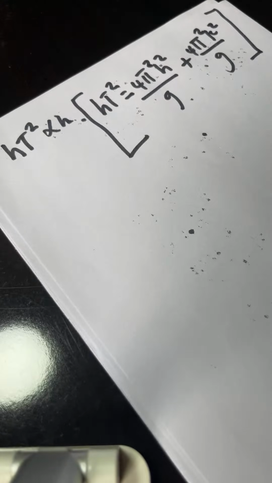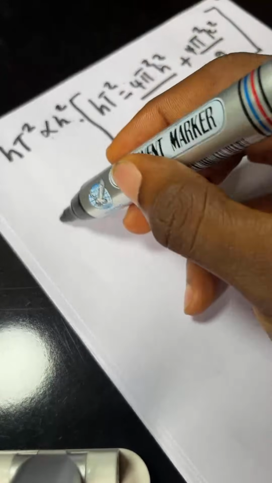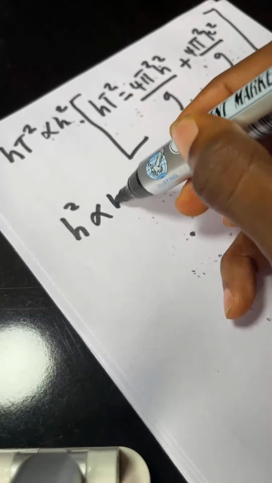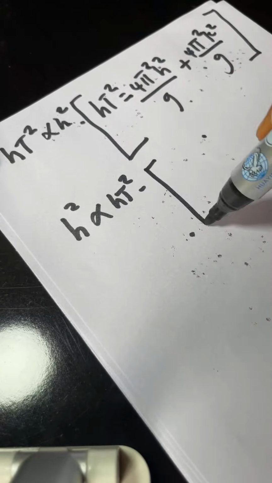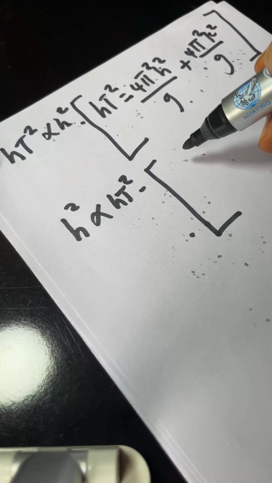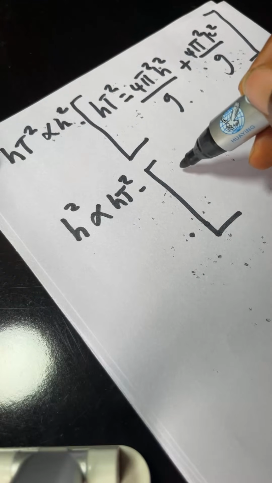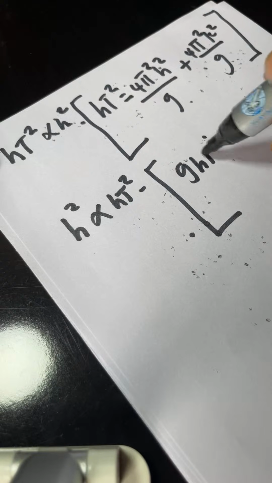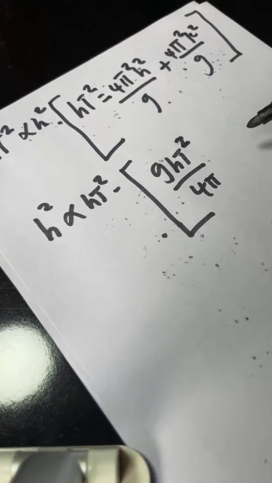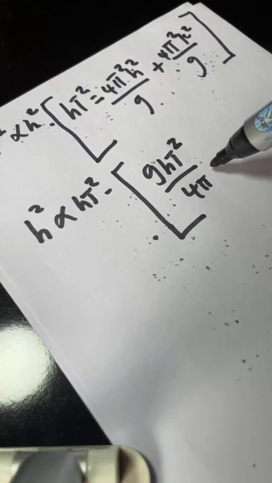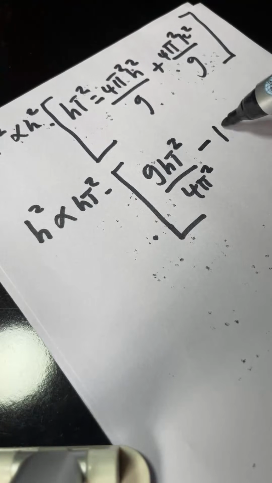Right? For h square against h t square, we have g h t square all over 4 pi square minus k square.